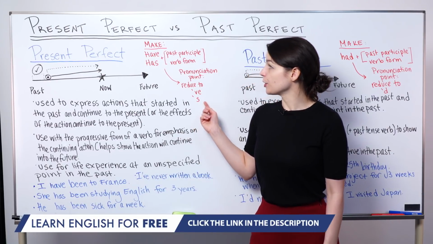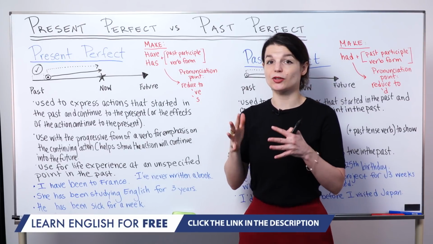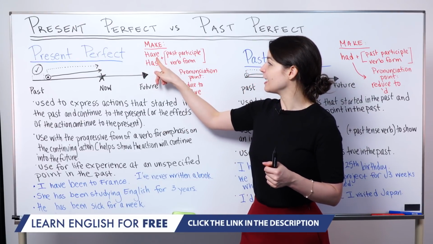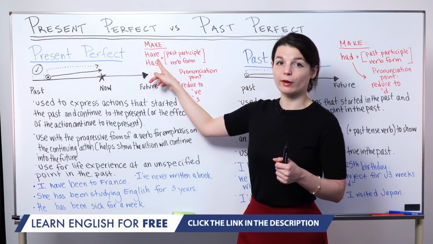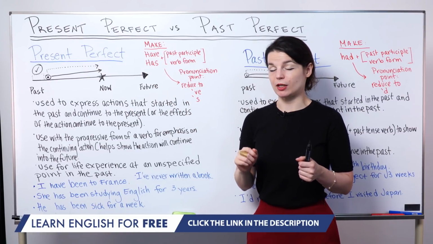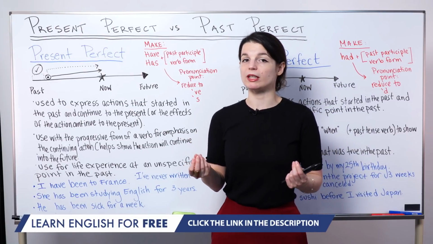I mentioned this point right here, this I've. One pronunciation point for present perfect tense is about this reduction, this shortening of sounds. When we're using have, as in I have or we have, we make a v sound in fast speech. I have becomes I've. We have becomes we've.